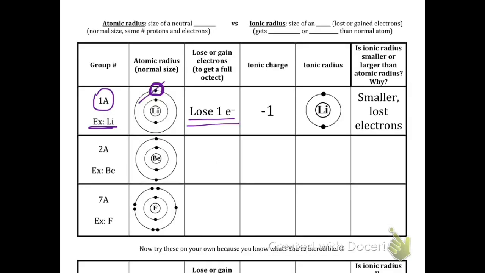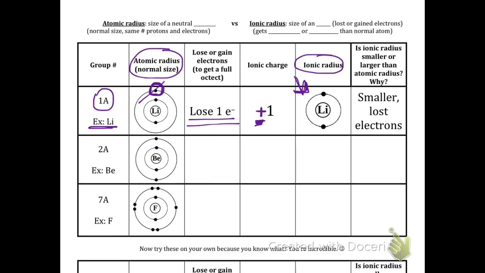And so here, losing 1 electron actually gives you a positive 1 charge because you have 1 more proton than you do electron. That plus means you have more pluses than minuses. Okay, so when you lose that electron, now lithium looks like this box right here, and that looks like helium with 2 electrons. Now, when we went from here to here, the question is what happened to our size?